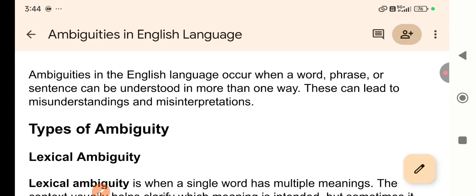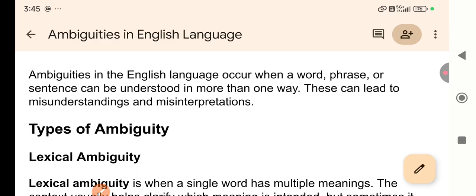One more topic, ambiguities. We are going to discuss what ambiguity is. Sometimes we find that a word, sentence, or phrase has two or more meanings, and that is why there is confusion.